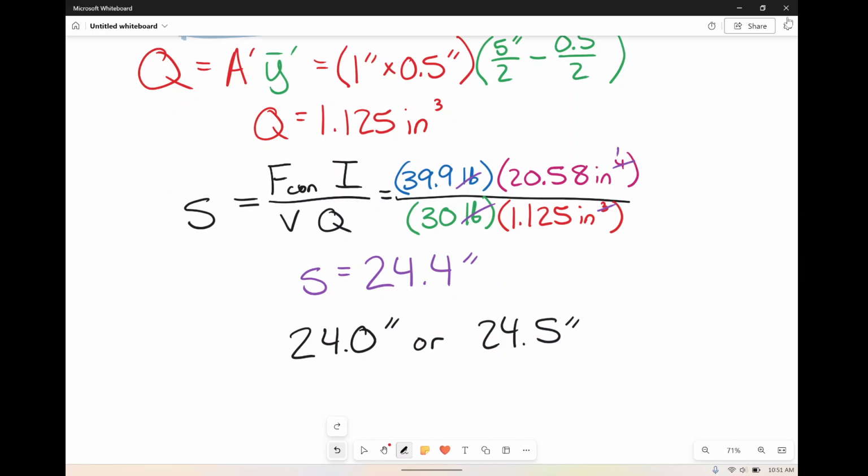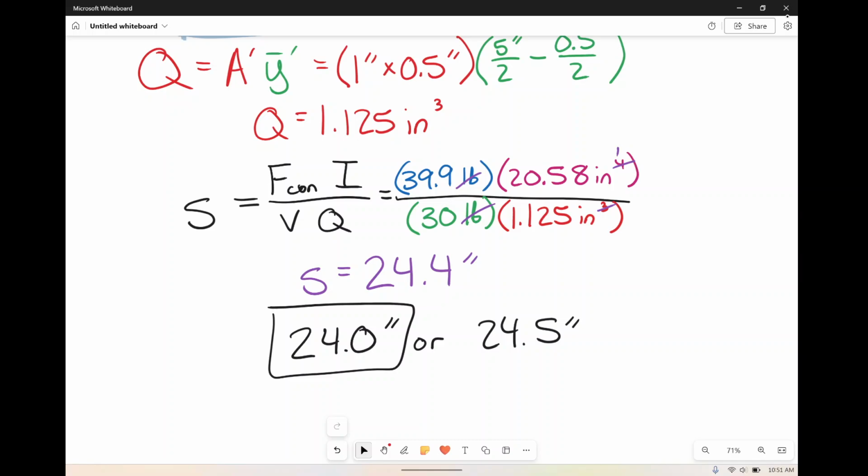Effectively, what we're saying is we need nails every 24.4 inches. We need to have a nail. If you put a nail every 24.5 inches, you're failing the requirement here that it needs to be at least every 24.4. So technically, our correct answer is going to be 24.0 inches.